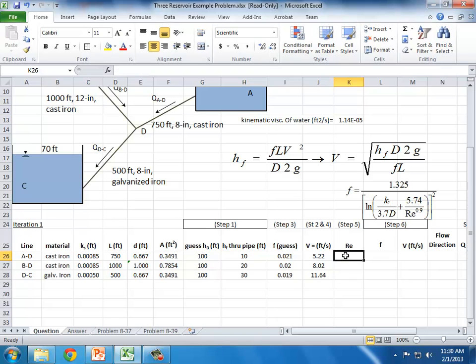Okay, so when I calculate the Reynolds number here, that's going to be the velocity of the water times the diameter divided by the kinematic viscosity. And I'm going to anchor that reference to kinematic viscosity. Drag down the Reynolds number.